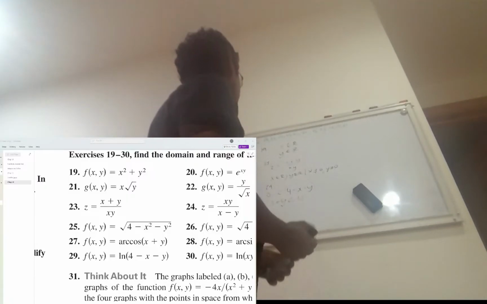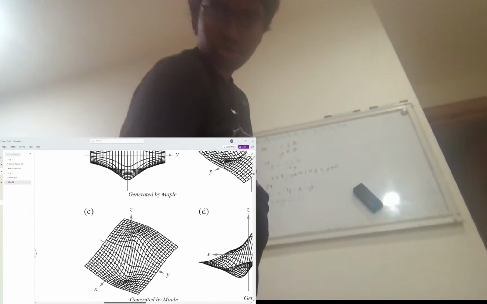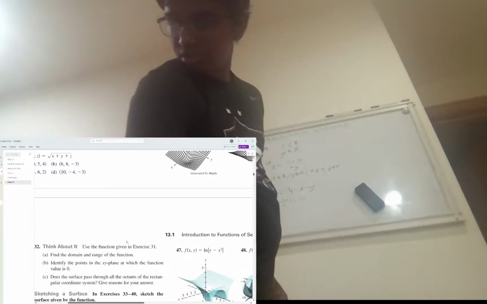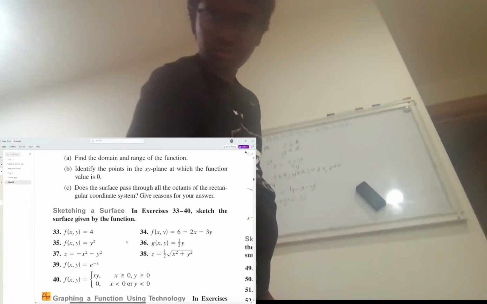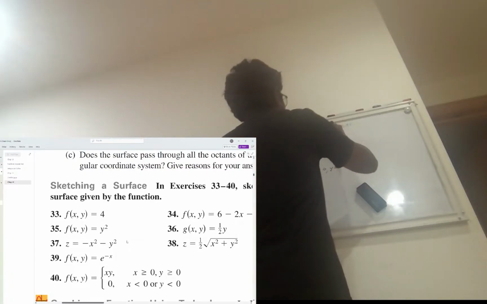Okay, which one? 33. Let's scroll. Sketch the surface given by this function. Okay, 33.